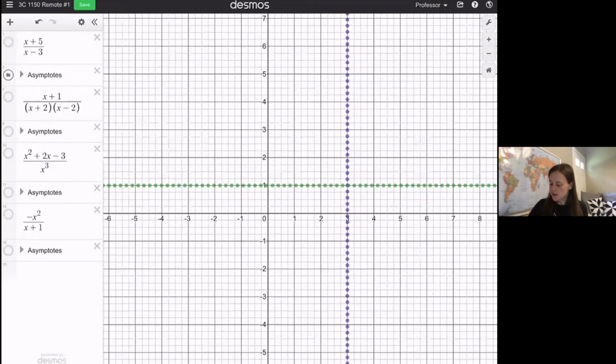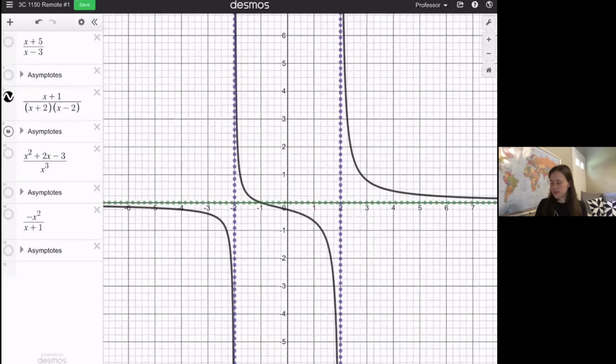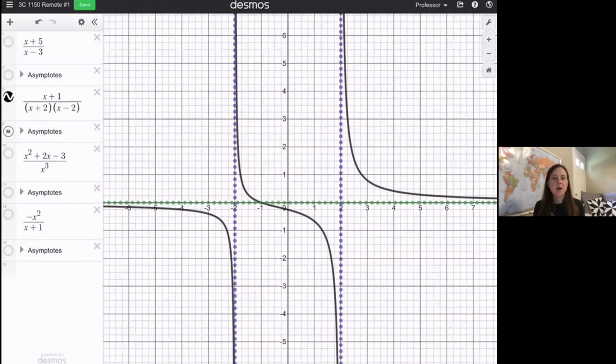You can see in the second function that it had vertical asymptotes at 2 and -2, and those are the two numbers in that second formula that cause division by 0. x equals -2 makes x plus 2 equal to 0. x equals 2 makes x minus 2 equal to 0. So both of those cause a problem for this function, and that's why we have vertical asymptotes there.